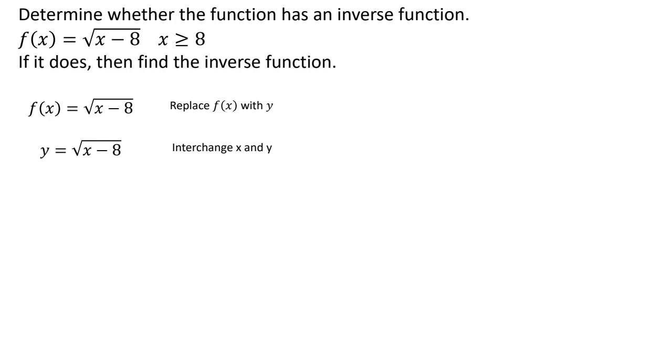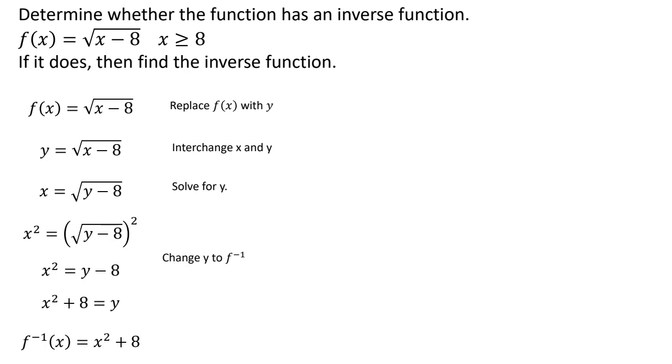I'm going to make the x to be y and the y's to be x. So let's go ahead and do that. When I do that, I get this. x is equal to the square root of y minus 8. Now all I need to do is solve for y. So to eliminate the square root, what I'm going to do is take the square of both sides.